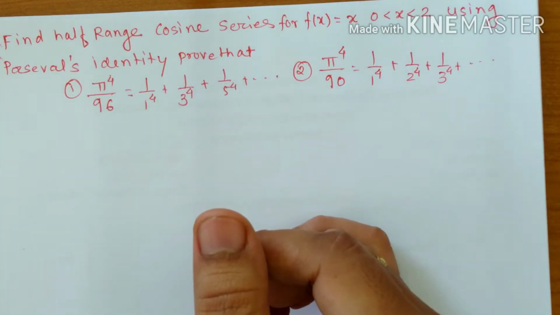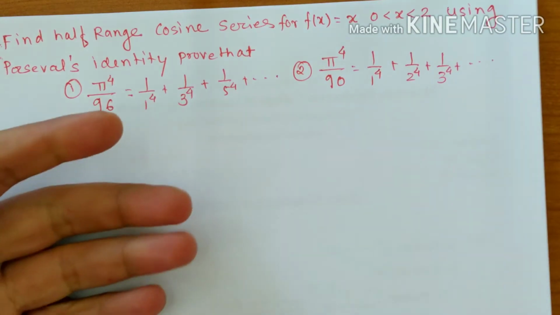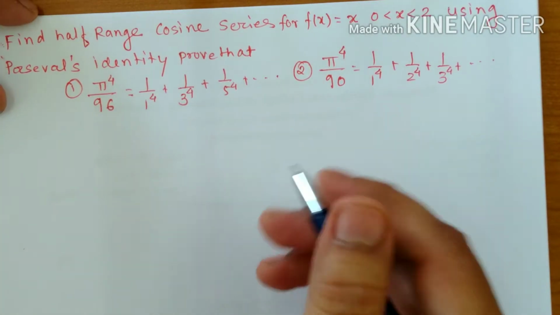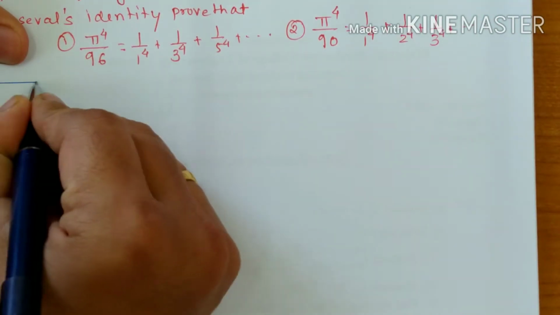But before that, we have to calculate the half range cosine series for the function f of x is equal to x. Let's begin with this. What is the formula for the half range cosine series?